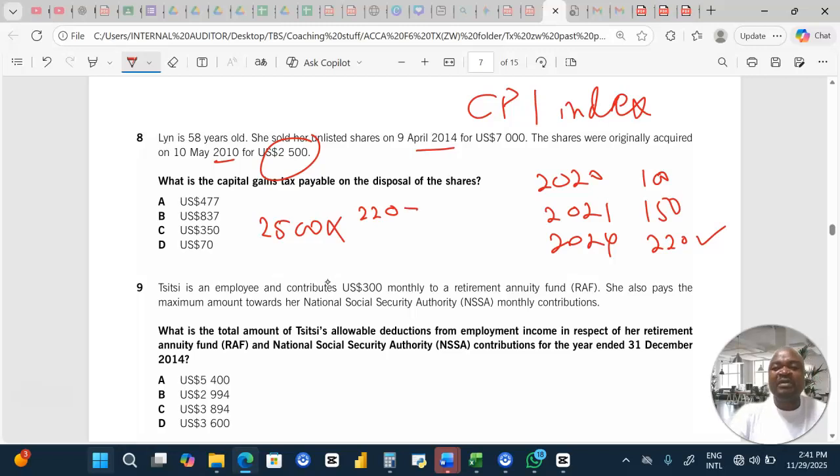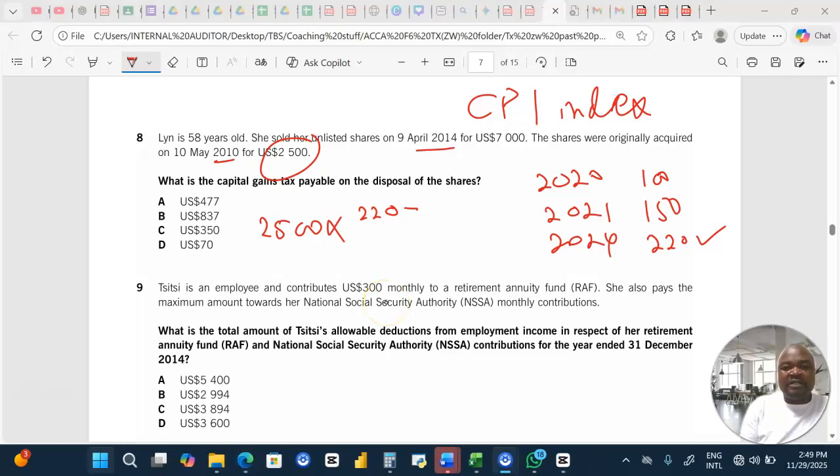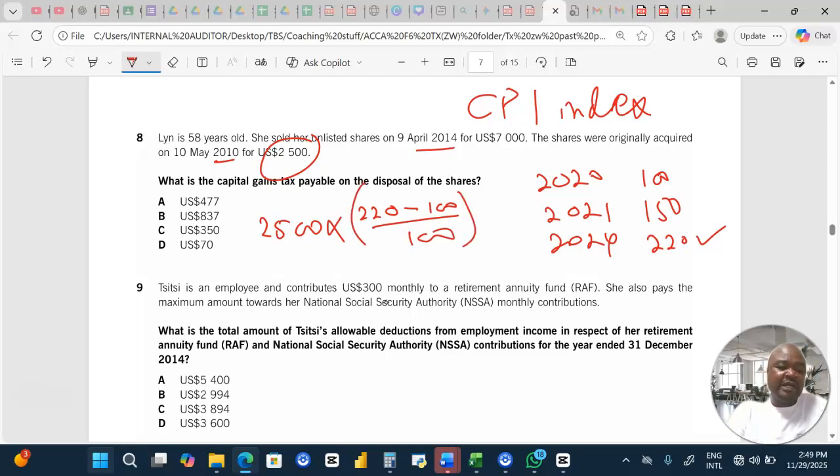Minus the CPI when the asset was bought, minus the 100, which was the base year, over the CPI during the year of purchase. Okay, that's the base year index.